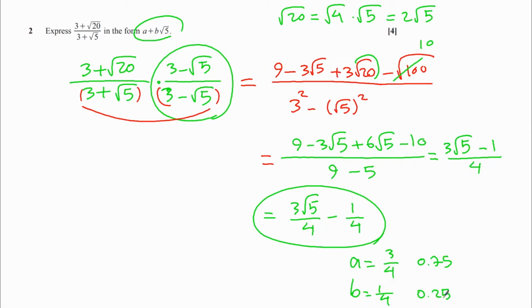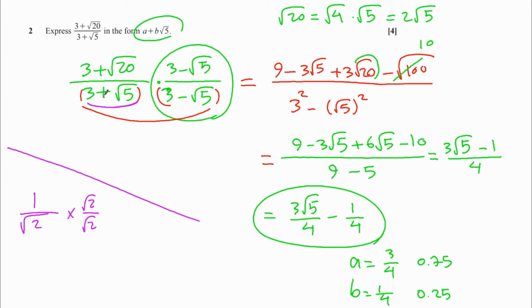Just as a revision: if you have something like 1 over square root of 2 and we want to rationalize, we time it by square root of 2 divided by square root of 2, the denominator itself. But when the denominator has two terms, we have to time it by a term that makes a difference of 2 squares.